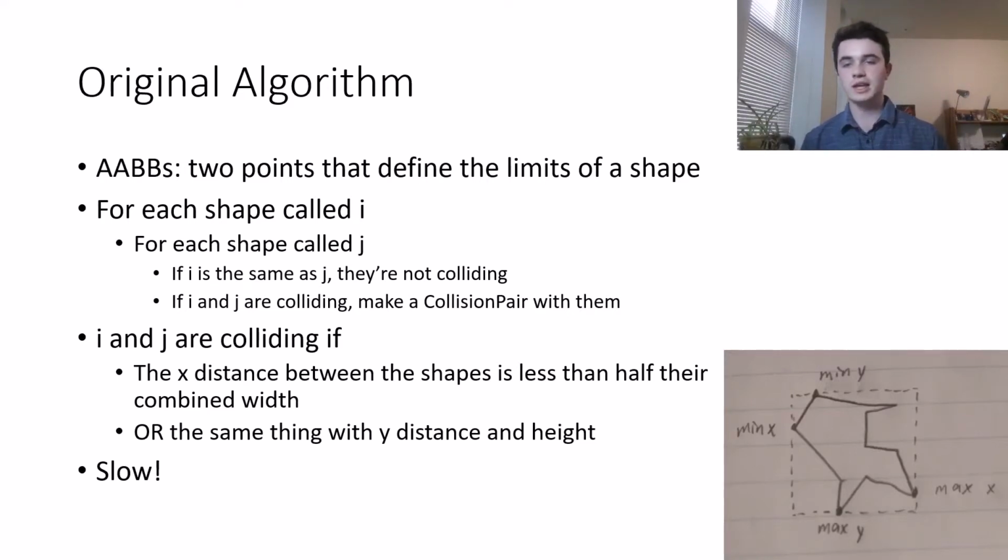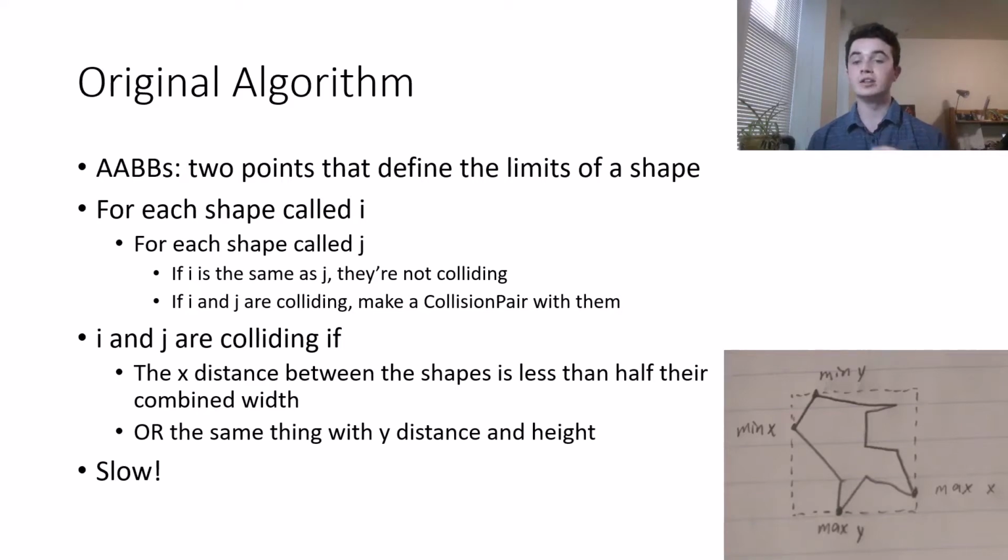So this requires a big O of n squared algorithm to detect the collisions between all the possible shapes on the screen. For each shape, let's call it i, then for each shape again, let's call it j. If i is the same as j, they're not colliding because we don't want polygons to collide with themselves. If i and j are colliding, then make a collision pair with them.